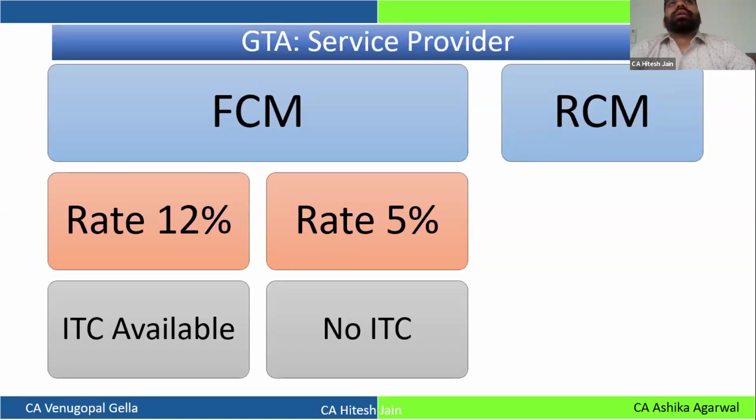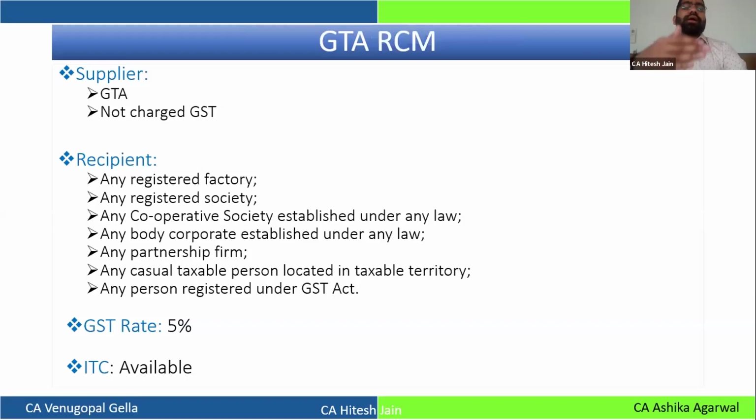Now, in case GTA does not opt for forward charge and he opts for reverse charge, then whatever service he is providing, if the service recipient comes under these categories which have been mentioned in the notification itself, like any person registered under the GST Act, which means if you are availing any service from a GTA and you are registered under the GST Act, and if the GTA is not charging any GST, this in itself implies that you are liable to pay the taxes under reverse charge basis.